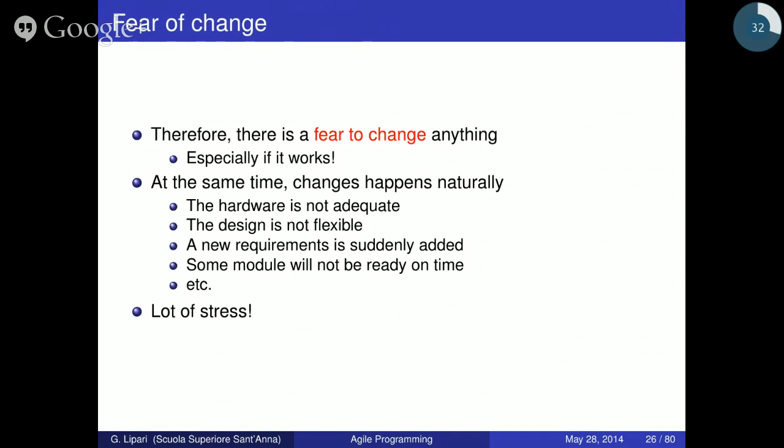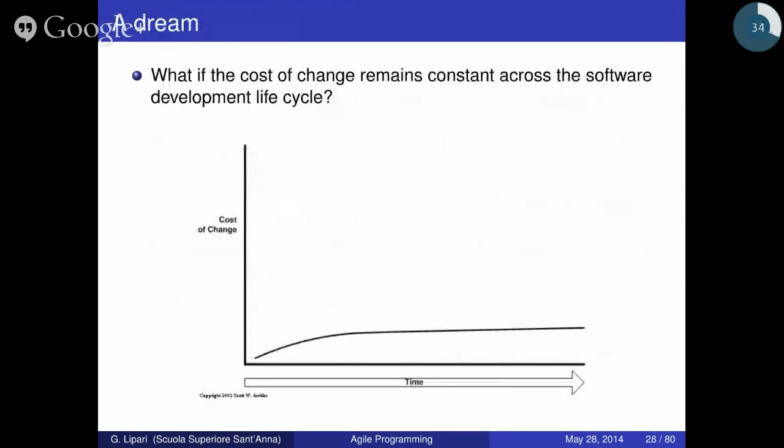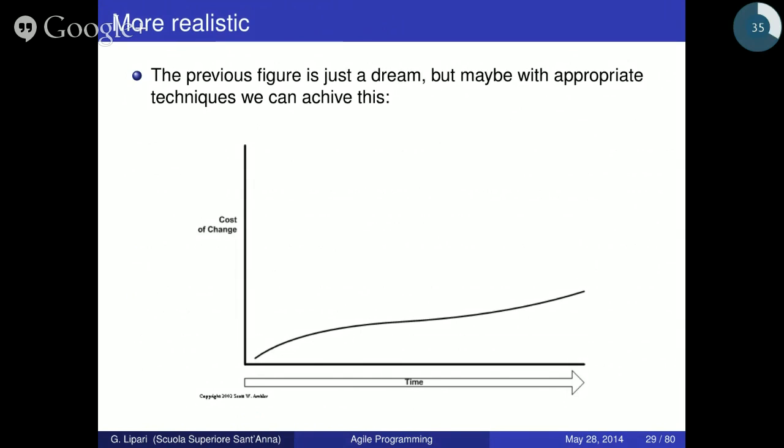So the dream would be to have zero or very small cost of change all over the development cycle. Of course, maybe this is too much, so we need something in the middle. So something like keep the cost of change low all over the development cycle, maybe a little bit more at the end, but constantly low.